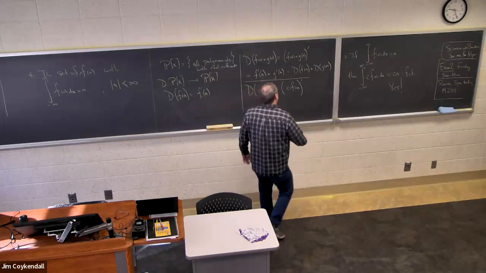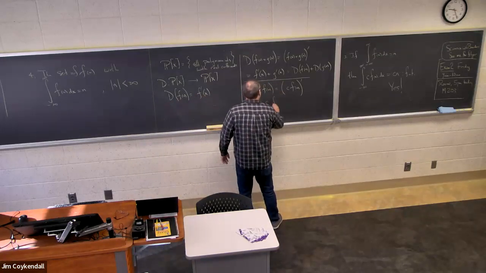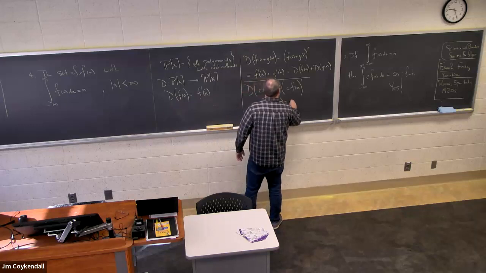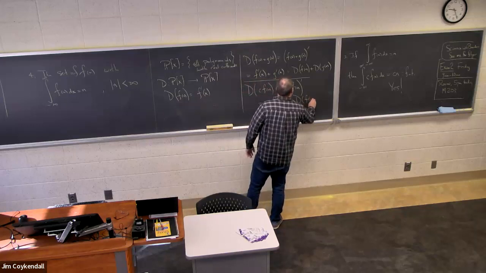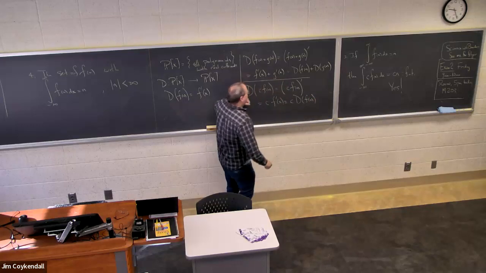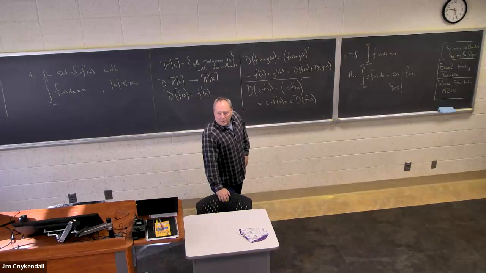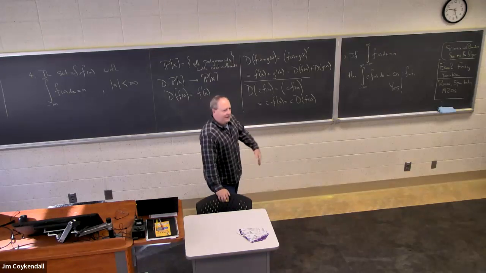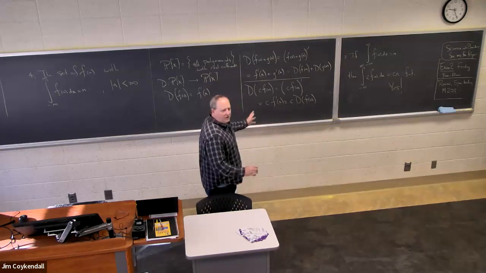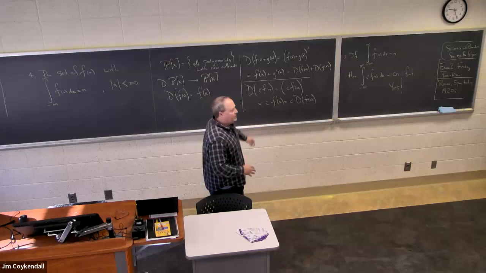So this is C. Rule one, rule two satisfied. There you go. It's a linear transformation. How many of you ever heard, oh, the derivative is a linear operator? Did anybody ever hear fancy words like that in calculus? They don't usually tell you about linear transformations back then, but that's what they mean.